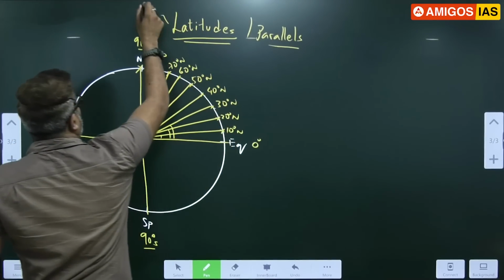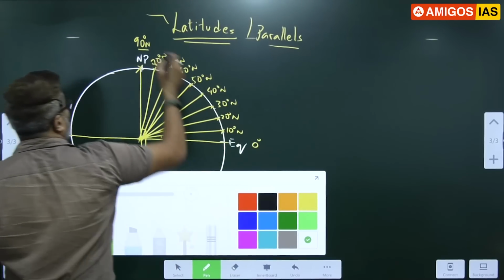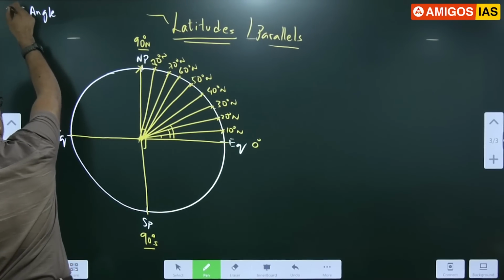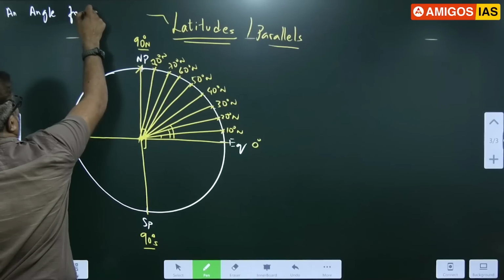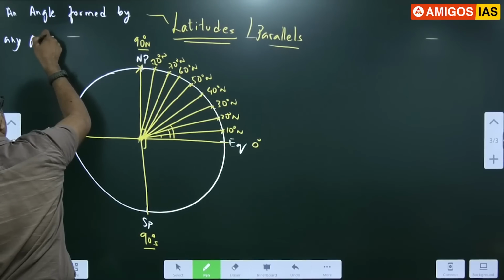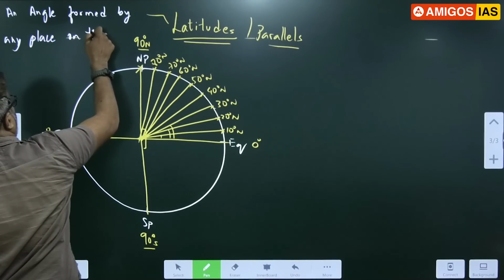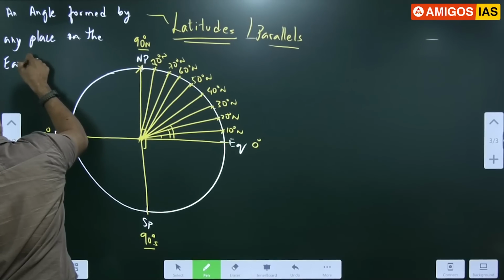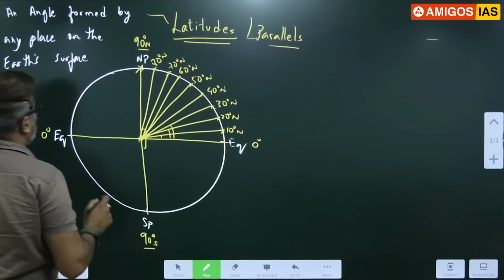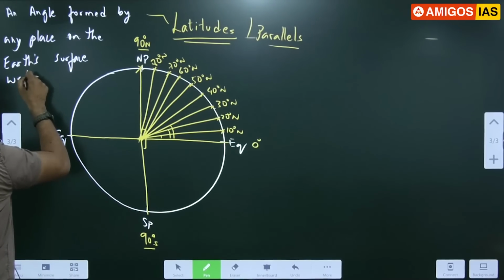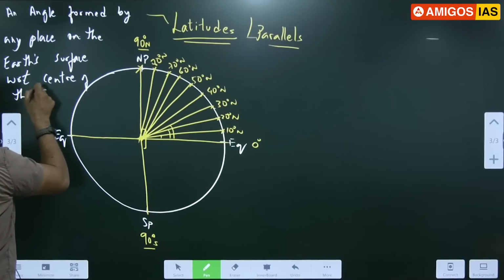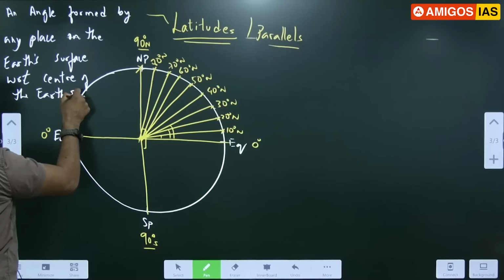So please write, latitude is an angle formed by any place on the earth's surface with respect to the center of the earth and equator.